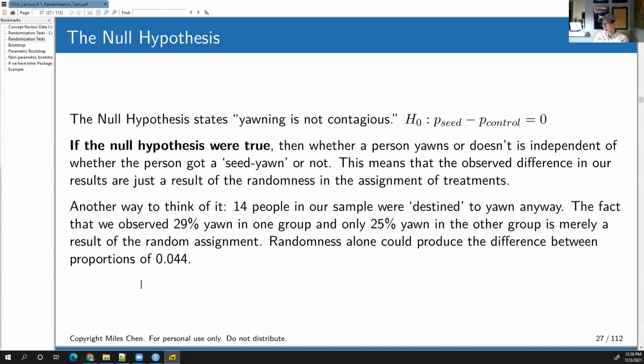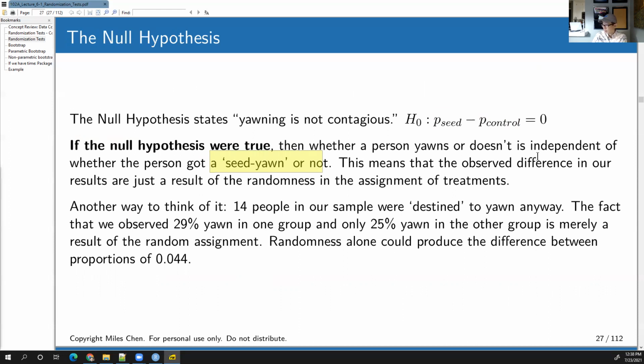So the null hypothesis says it's not contagious, meaning that the two proportions in the populations are the same, okay? And we're going to just say, if that null hypothesis were true, then whether someone yawns or not is not influenced by whether someone got a seed yawn or not, okay? Right? Just the people who end up yawning, they were going to yawn either way, right?